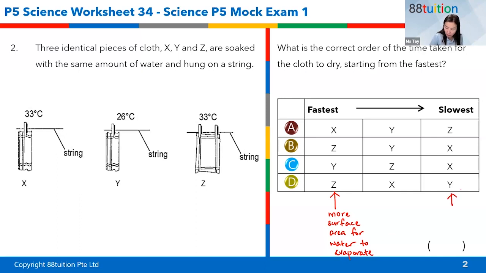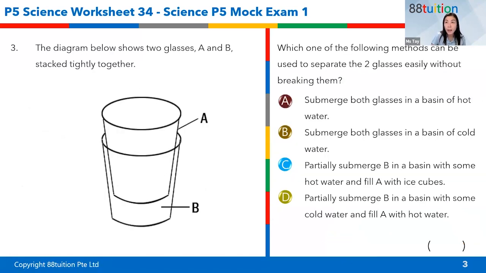And then Y is actually the slowest because surface area is lower, so less surface area, and temperature is also lower. The hotter it is, the faster the material gets dry. Yep, correct, Evan. I like how you all are keying in this.